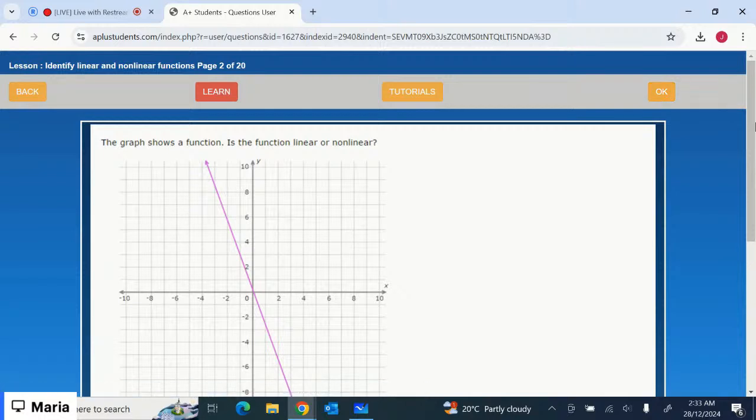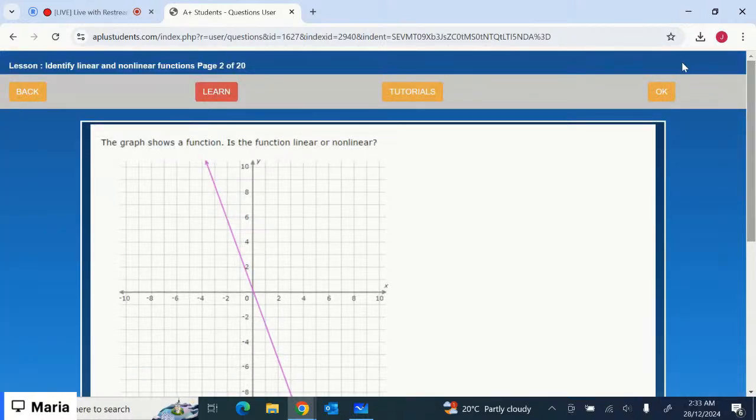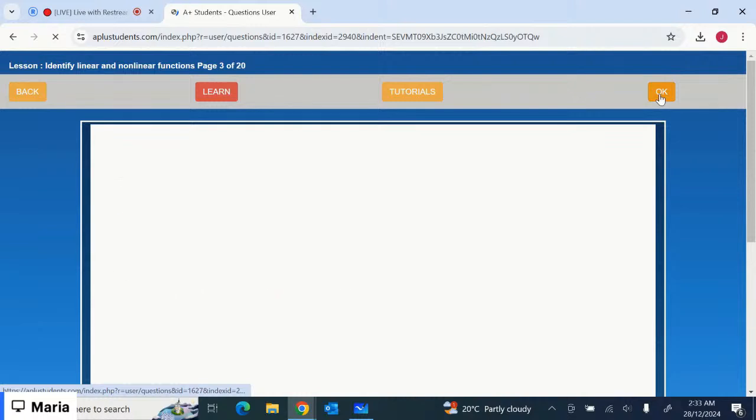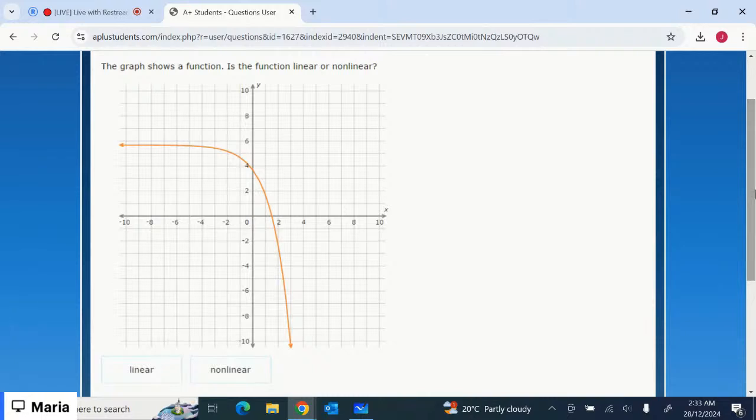The graph shows a function. Is the function linear or non-linear? The graph shows a function. Is the function linear or non-linear?